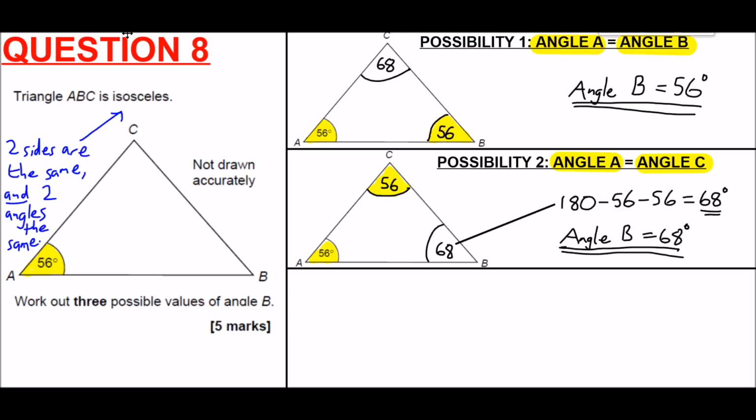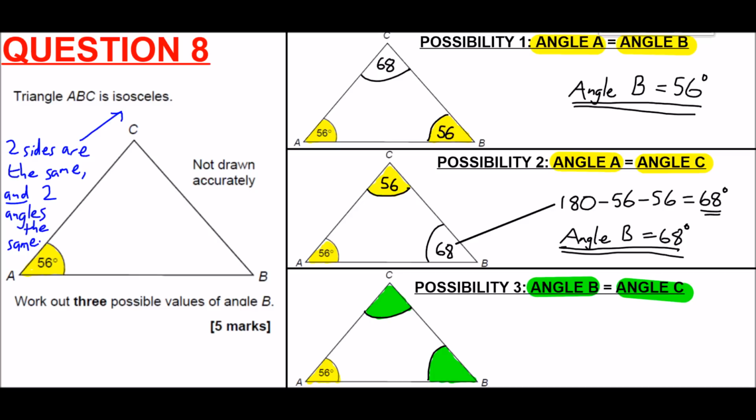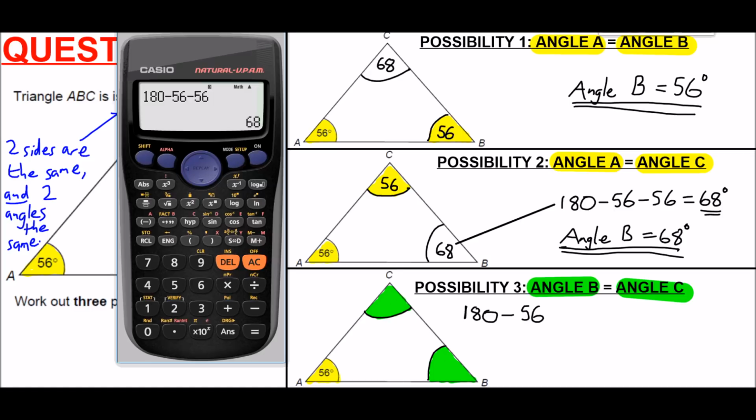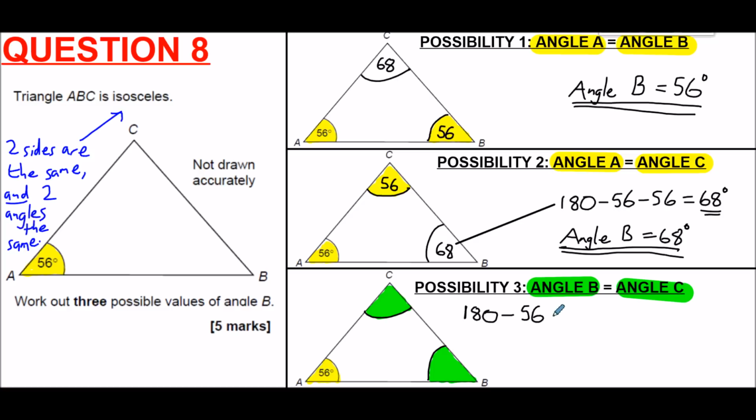And there's another final possibility as well, and this possibility is that angle B is the same as angle C, and angle A is the odd one out. And so we could work this one out by thinking how much would these be together. Well, angles in a triangle add up to 180 degrees. And so 180 take away 56 would leave us with 124 degrees.